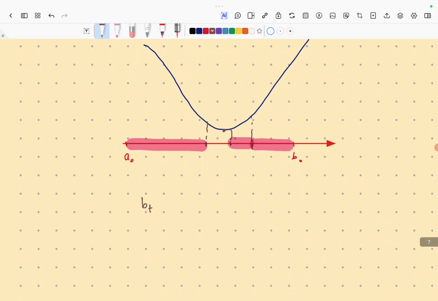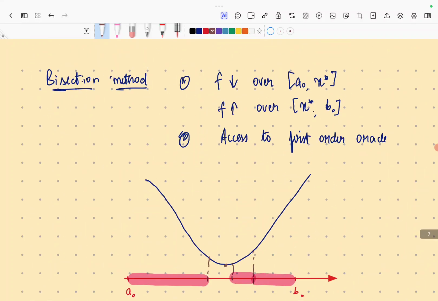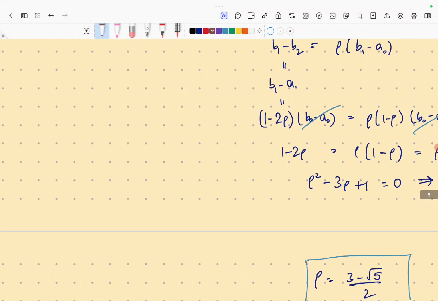So again, if I want b_t minus a_t to be less than epsilon, my b_t minus a_t is 0.5 to the power t times b0 minus a0. All right, and this should be less than epsilon. So effectively I get the same as I had earlier.